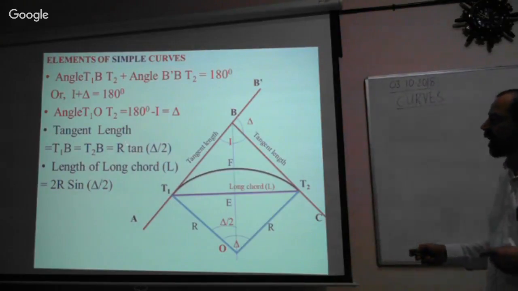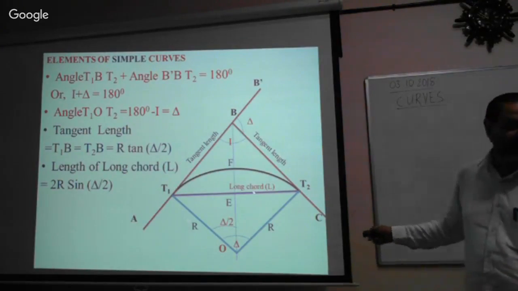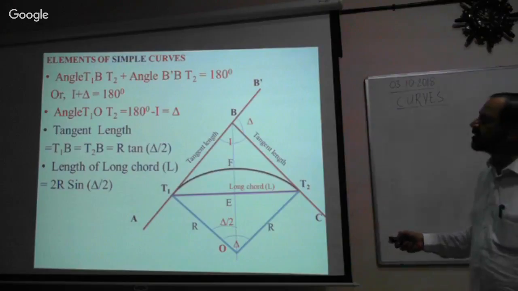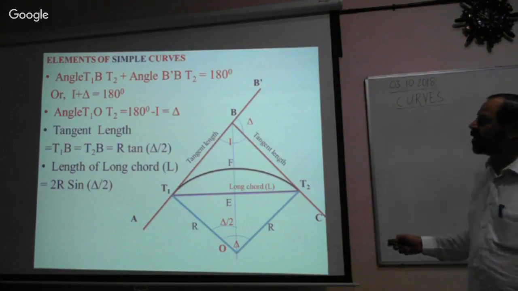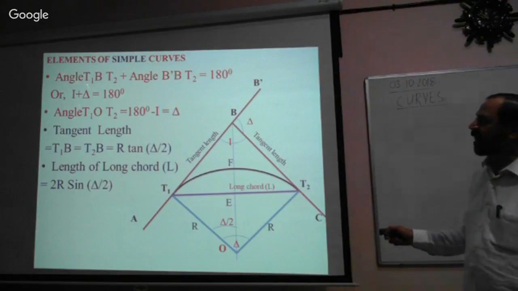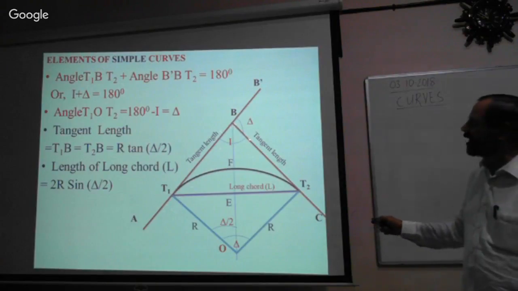I think we have understood all the terms which are used in curve surveying. Now let us see how to calculate, how to handle, how to analyze the curve. We take the first one, that is the angle T1 B T2.